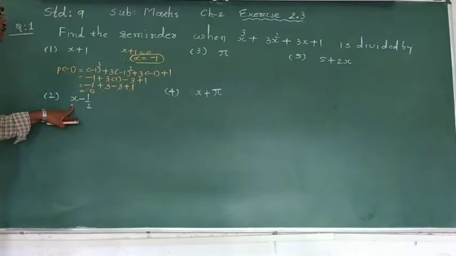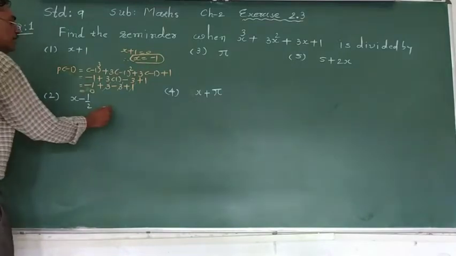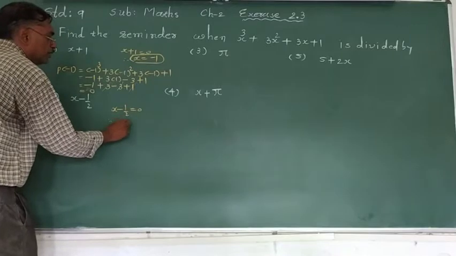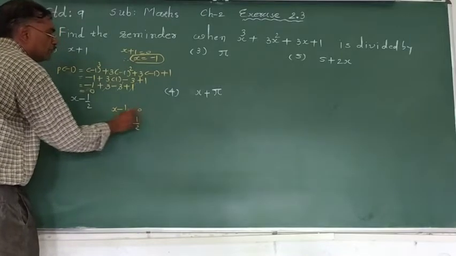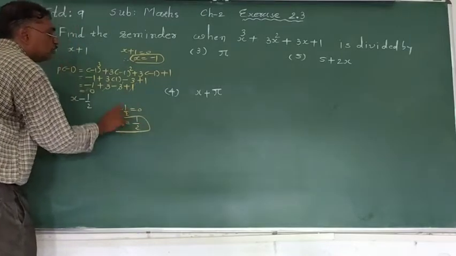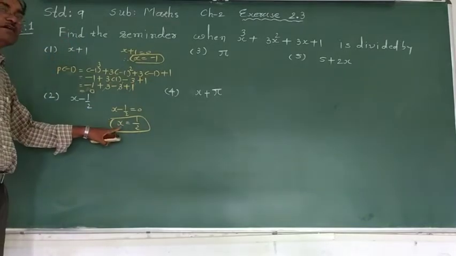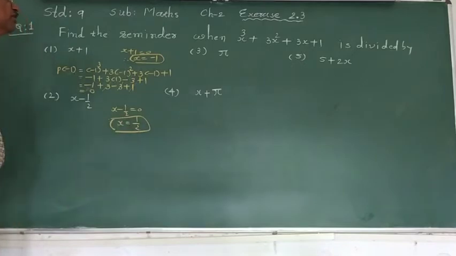Now x minus 1 upon 2. First we write x minus 1 upon 2 equal to 0. Therefore x equal to 1 upon 2, as minus goes to the other side and becomes plus. Now put the value x equal to 1 upon 2 in the given polynomial.